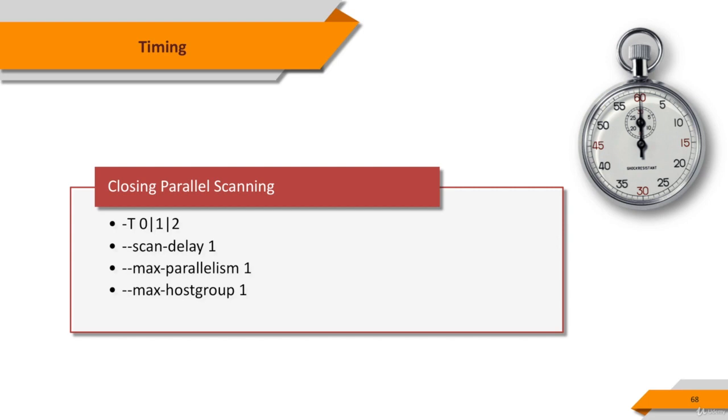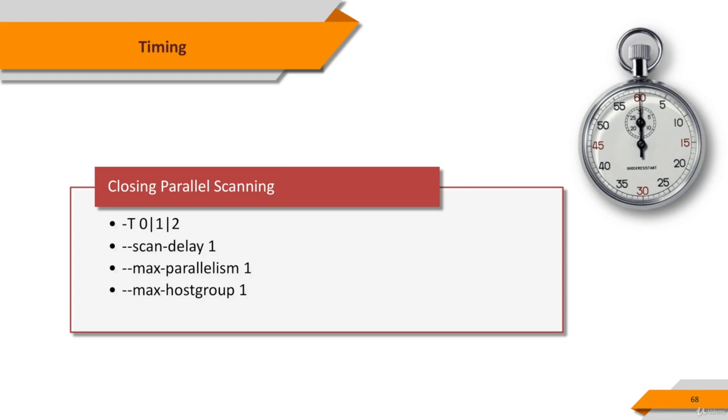Nmap does this by dividing the target IP space into groups and then scanning one group at a time. When a maximum group size is specified with max host group, Nmap will never exceed that size. So if you specify maximum number of hosts in a group as 1 using max host group option, there will be only one host in the group and only one host will be scanned at a time.